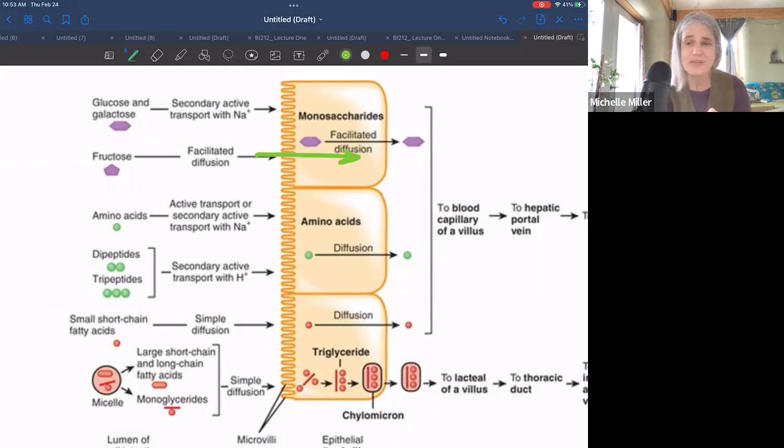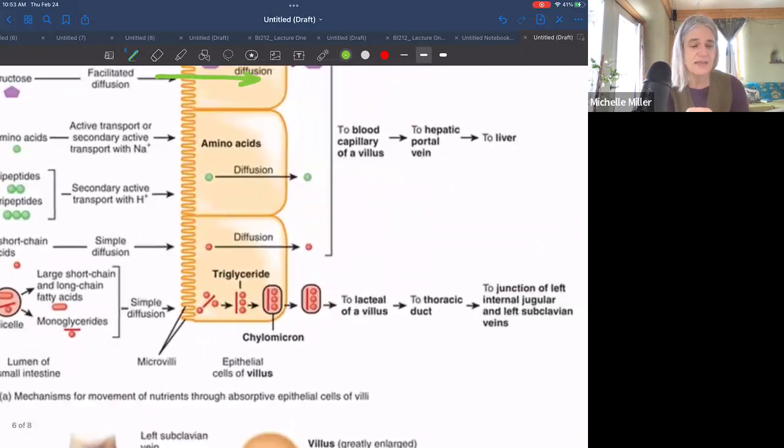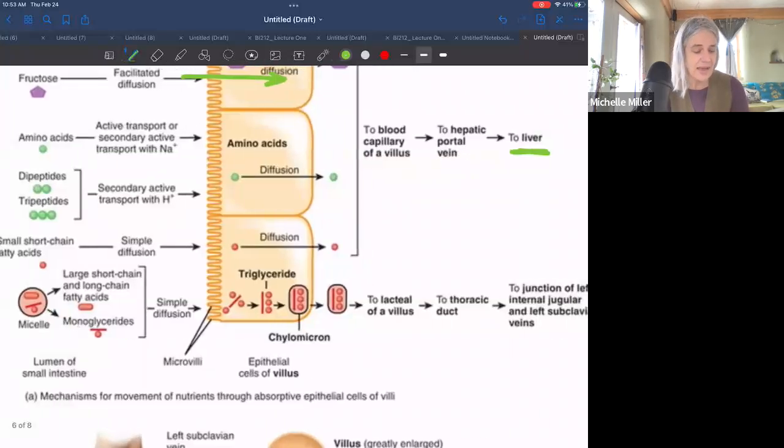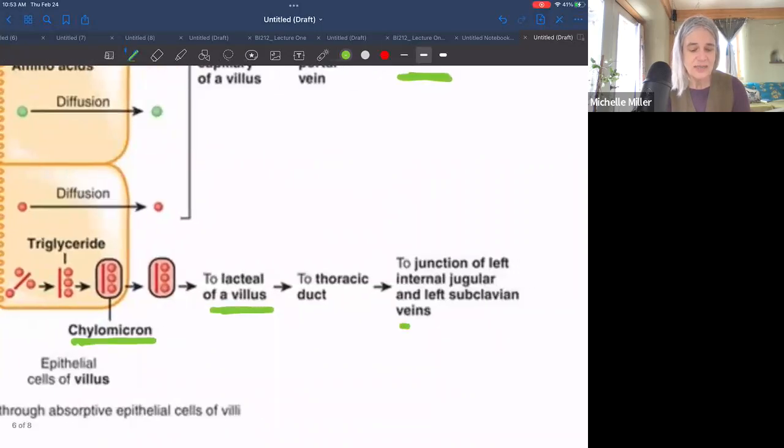So they're not going between the cells. Amino acids also travel this way and they go to the liver, right? And then these triglycerides, these would be the lipids, and they are packaged in structures called chylomicrons. Then they go to a lacteal, and they eventually get put back into the circulation at the subclavian vein region, which is up in your neck.